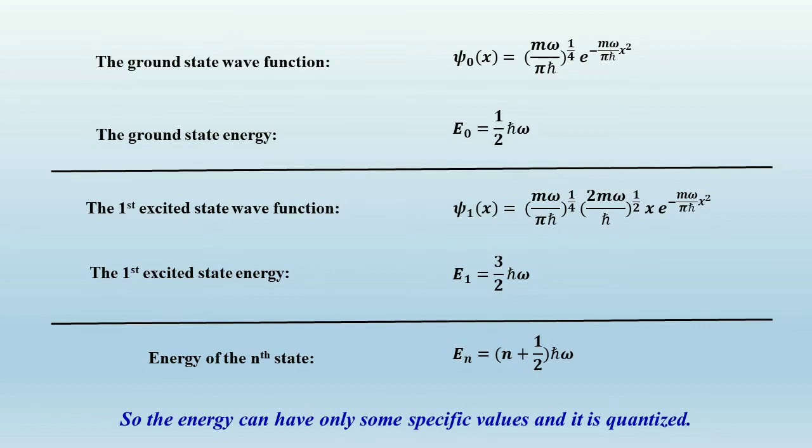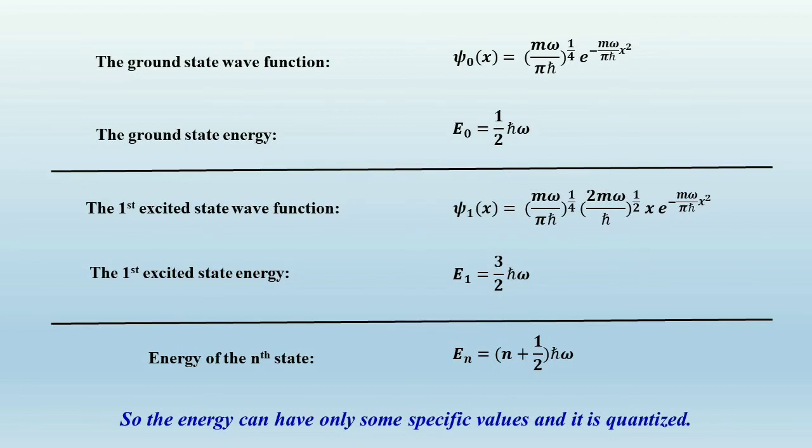And if we go up in energy, to the first excited state, the energy becomes 3 by 2 h cut omega, and the corresponding wave function becomes more complex. If we consider the first excited state, the second excited state and so on, the energy of the nth state can be expressed as E equal to n plus half h cut omega, where n is an integer.